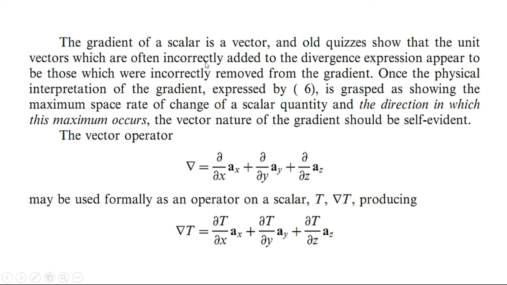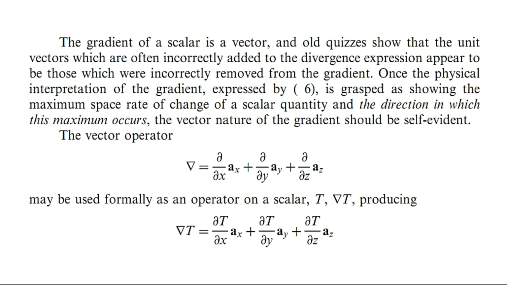The gradient of a scalar is a vector, and the unit vectors which are often incorrectly added to the divergence expression appear to be those which are incorrectly removed from the gradient, because the result of divergence is a scalar quantity. So there will be no unit vectors.